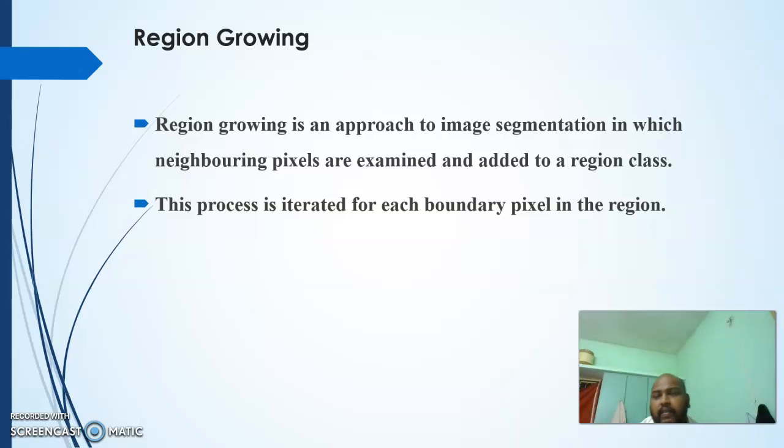If the neighbor pixels satisfy it, we combine them into the region. This process is iterated for each boundary pixel in the region. So for all the boundary pixels, we examine the neighbor pixels to see whether they satisfy that homogeneity criterion or property.